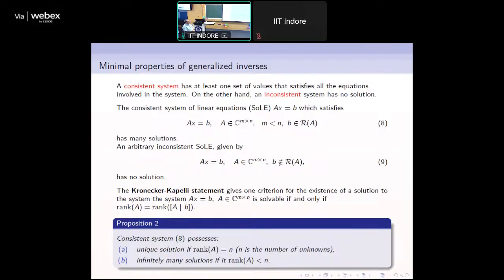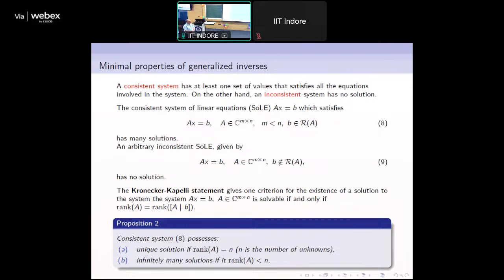And there is a unique solution if the rank of A is n, equal to the number of columns, the number of unknowns. And we have infinitely many solutions if the rank of A is less than n. n is the number of columns or number of variables.